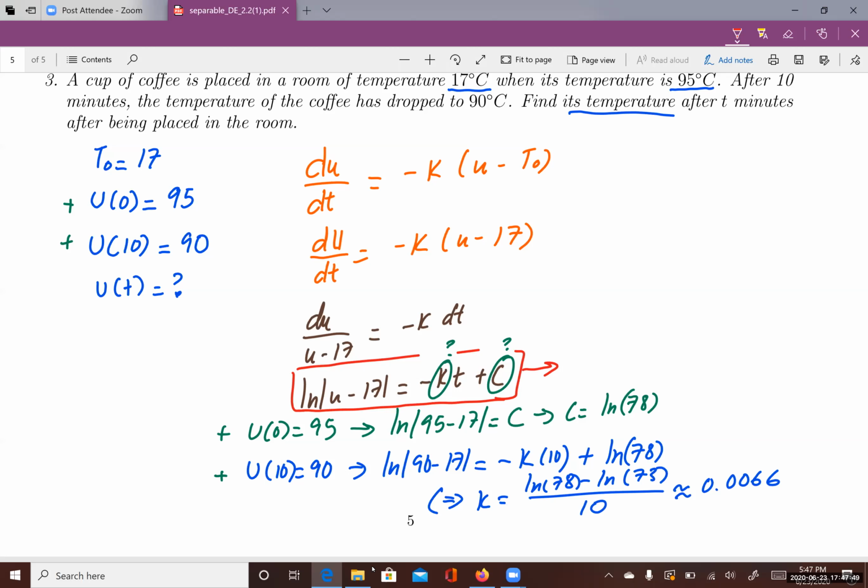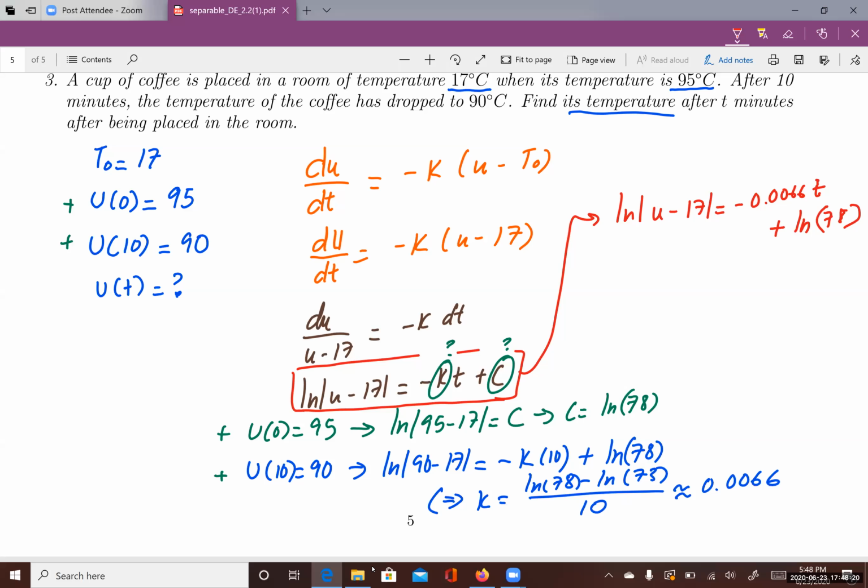So natural log of u minus 17 equals negative 0.0066 t plus natural log of 78 is my equation. And then again, I want to solve for u, right? Explicitly, I can do that.